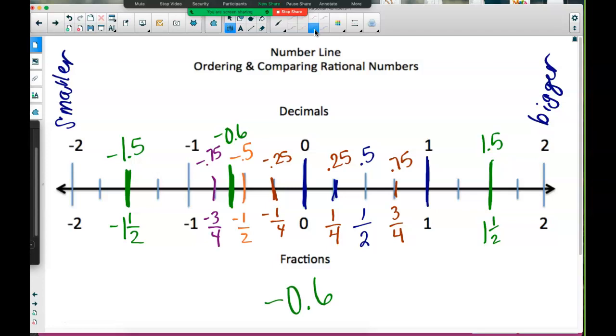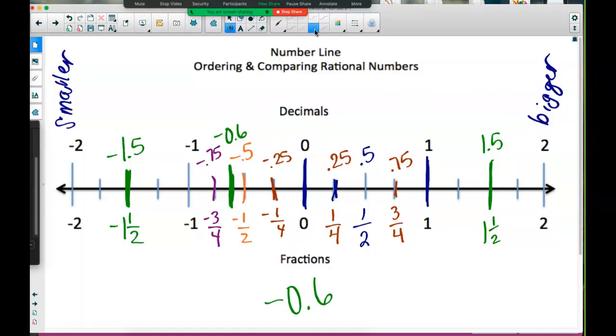So we have to think about where these fractions would fall if we're putting them in order or if we're comparing them. What's bigger? Negative 0.5 or negative 0.75? What's the bigger fraction? Which is bigger, negative 0.5 or negative 0.75? What do you think?